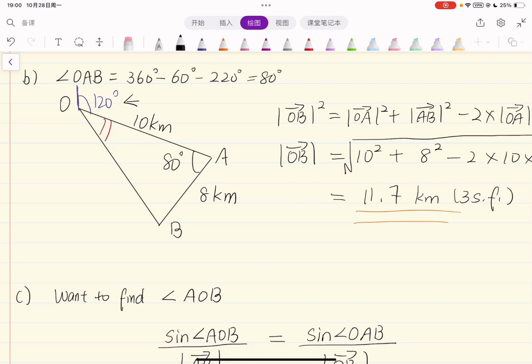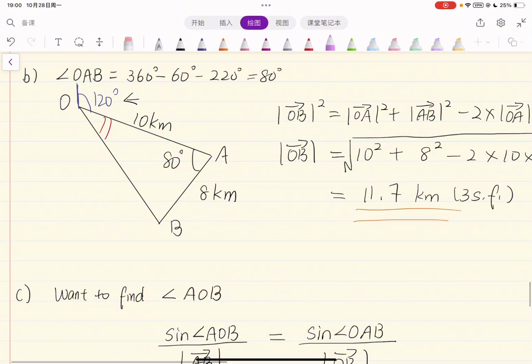So we can make another triangle, a right angle triangle like that. Let us say this is point D. Then we need to find the angle DOB.